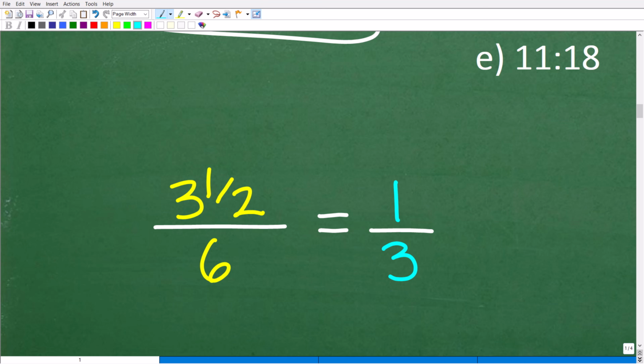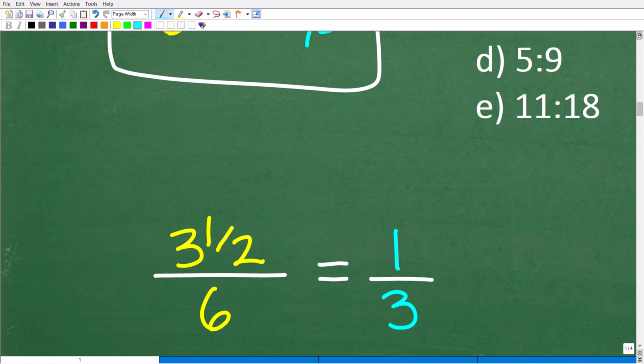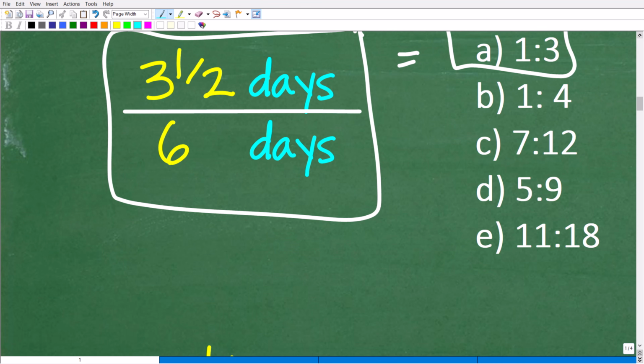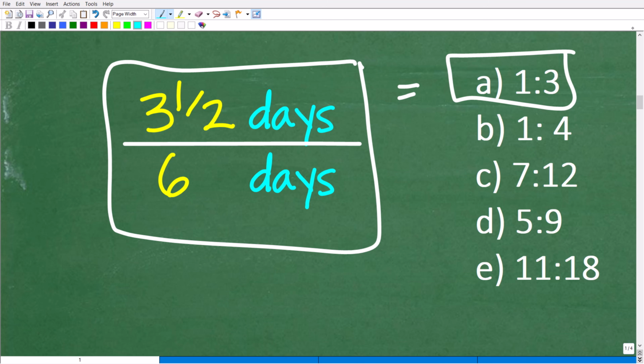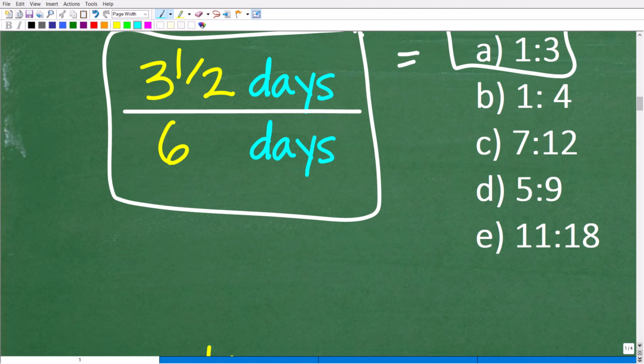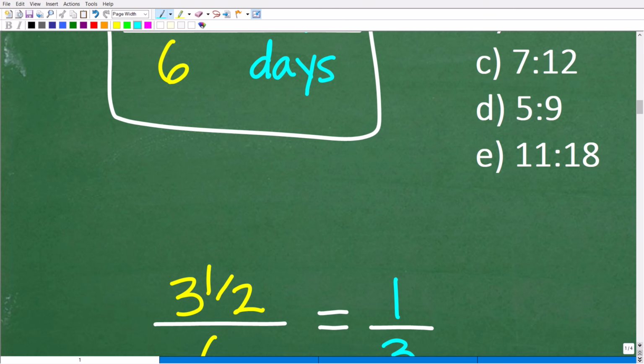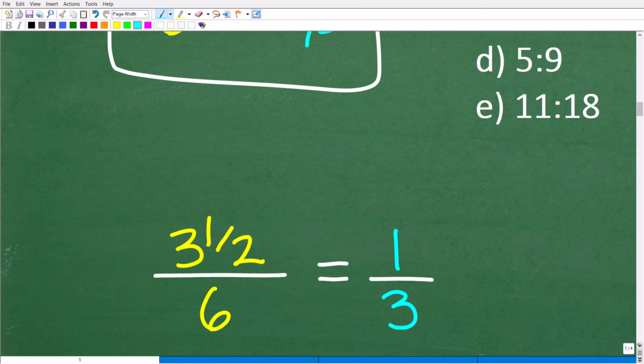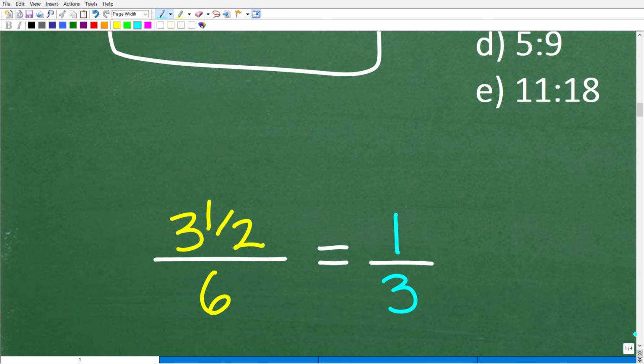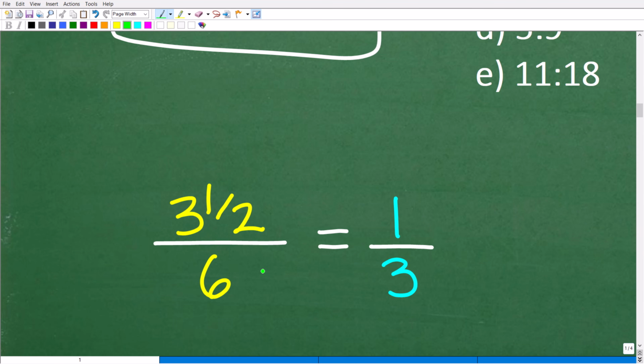So let's go up here to our question, and you can use a process of elimination. You'll be like, all right, 3.5 days to 6 days. Let's just check 1 to 3. Let's see if 1 to 3 is equivalent to this ratio. This is super easy to check, and you don't even have to do the entire work. Let's just think about the cross product. The cross product would be this times this and this times this.